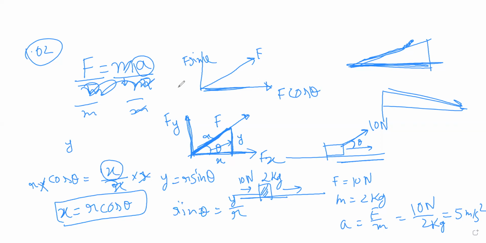Now, if we are discussing 1D motion on an inclined constant surface, that means we will discuss only 1D, not the second dimension. So if we draw some inclined surface like this, suppose it is a ramp. In that case, let's see what happens if the box is there.